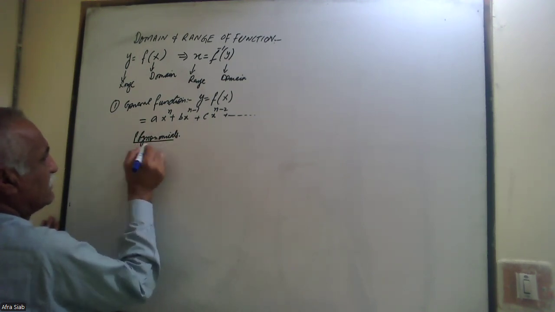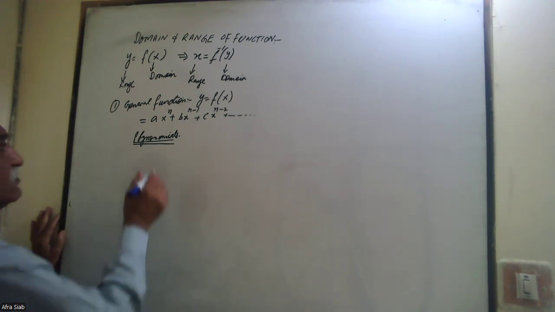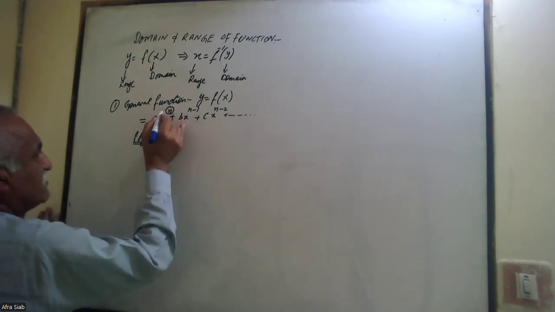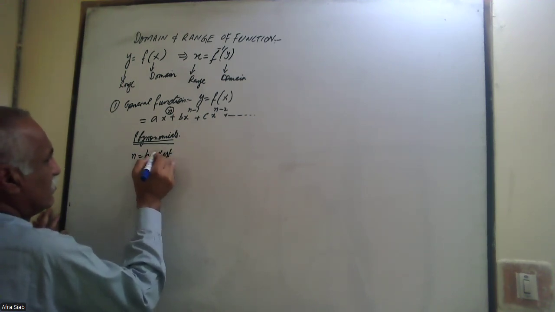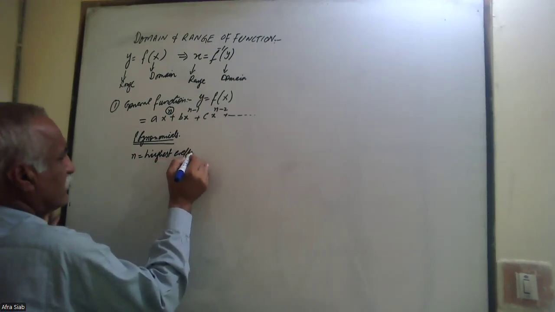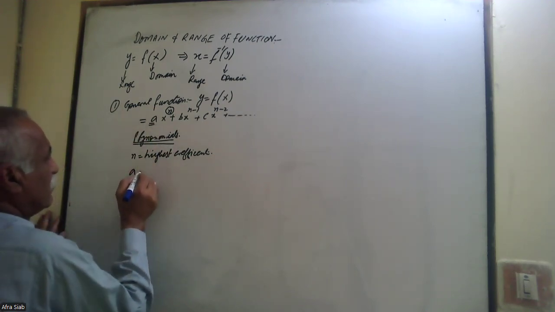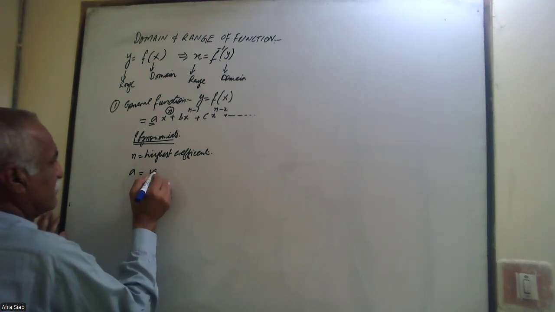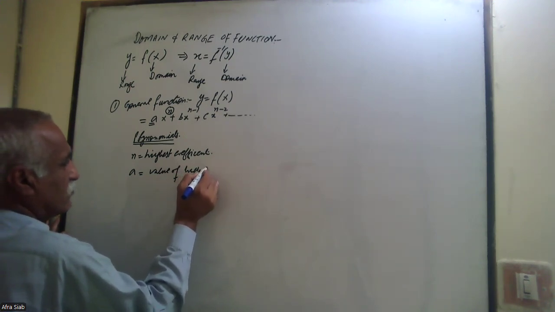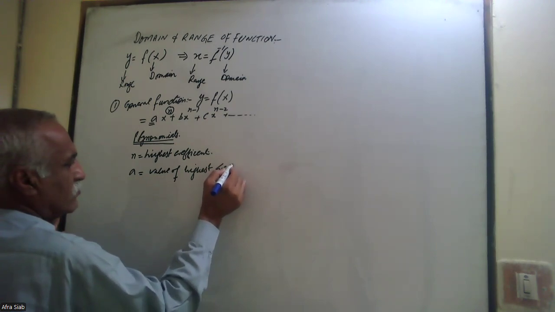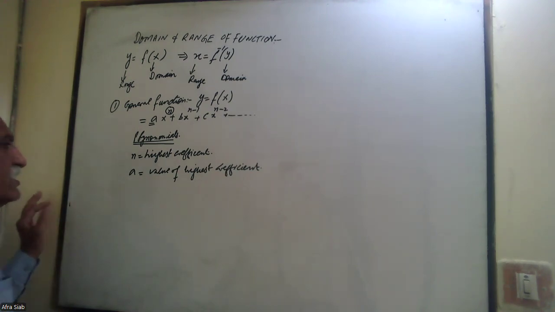Now, it has two things in this part. One is the highest power of x, so n is the highest power, and a is the value of the highest coefficient. Now it has two categories.